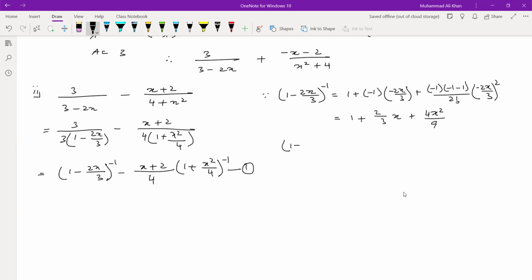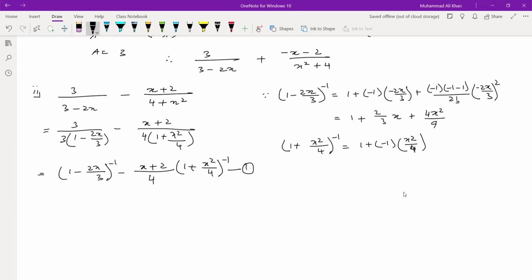Second bracket 1 plus x square over 4 power -1. So it will be 1 plus n x plus n minus 1 upon 2 factorial x. हमें तो x स्क्वायर तक जाना है ना बच्चों, तो आगे जाने की नीड ही नहीं, x स्क्वायर आ गया ना.